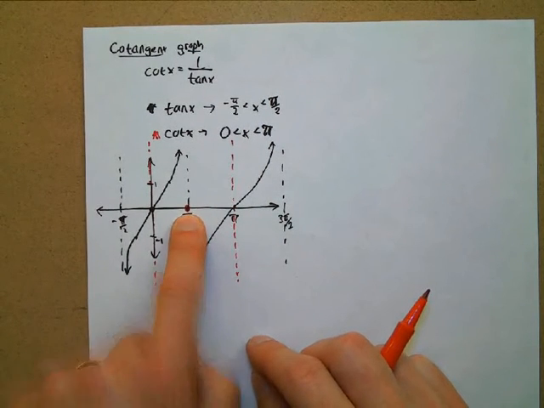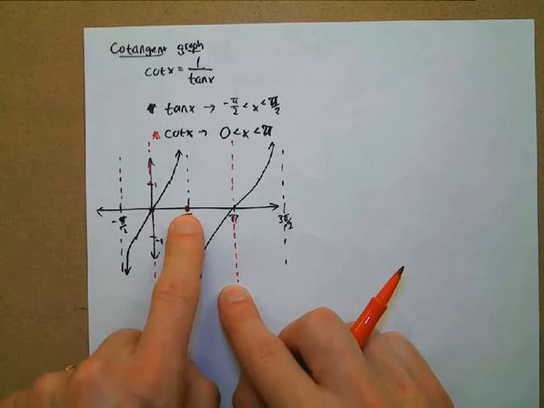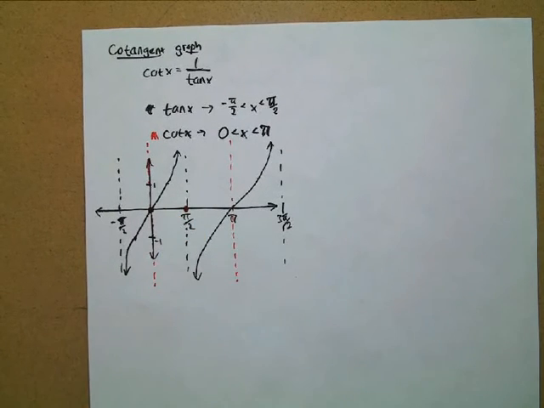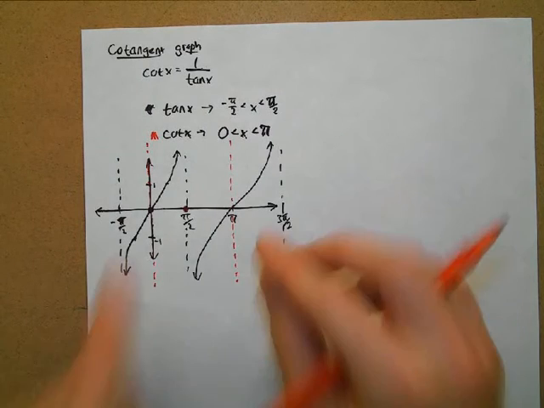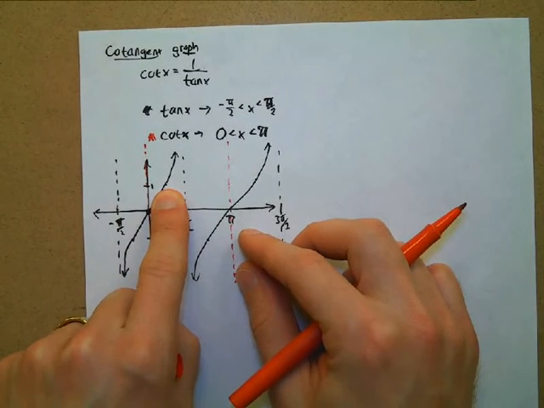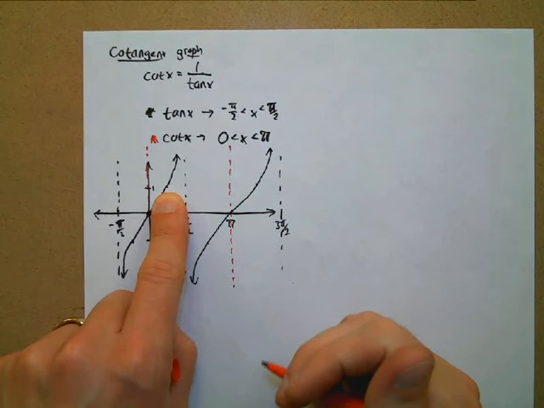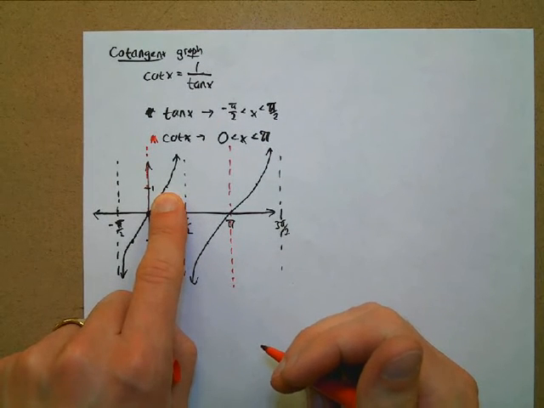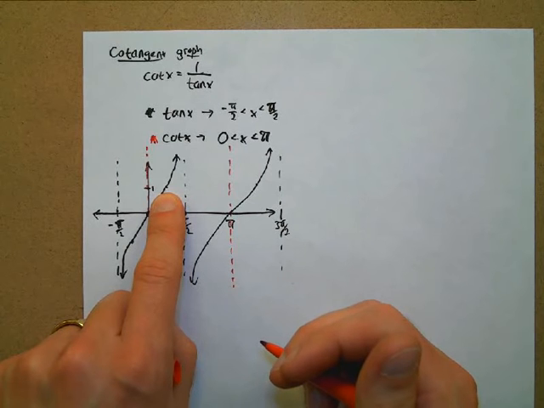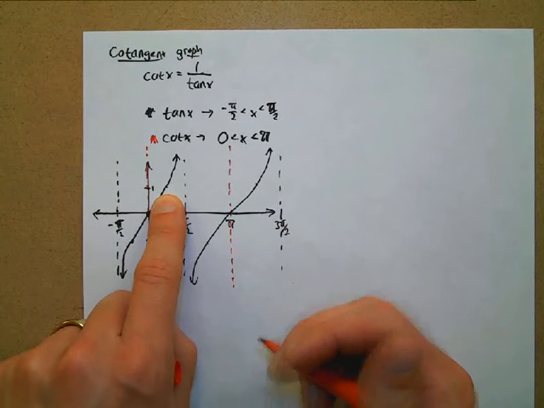Tangent at 3 pi over 4 was negative 1, but what's the reciprocal of negative 1? Negative 1. So we have these 3 points between these two asymptotes, so the graph of cotangent is going to look like this.